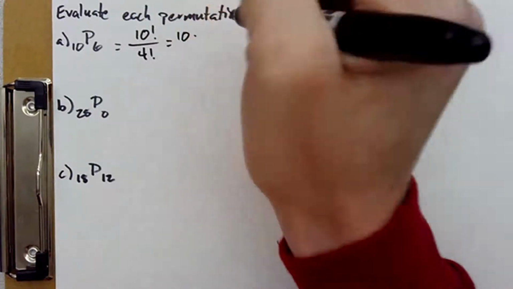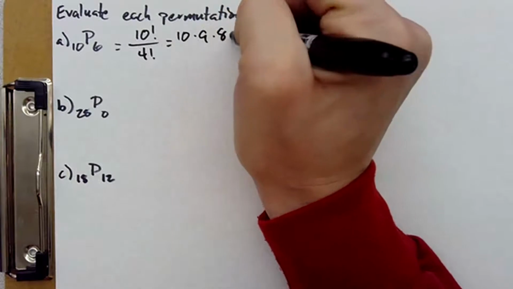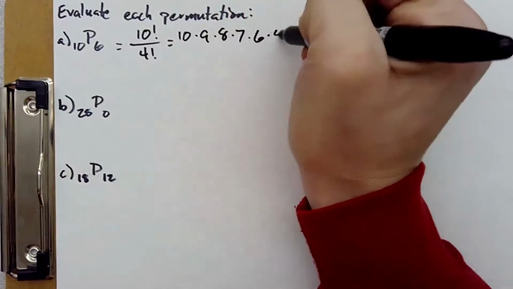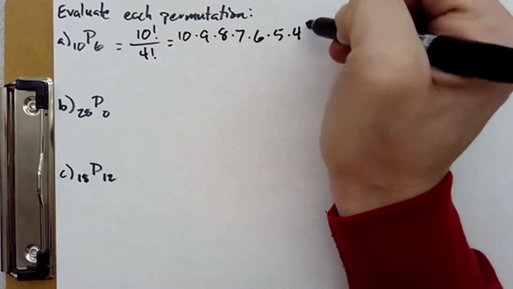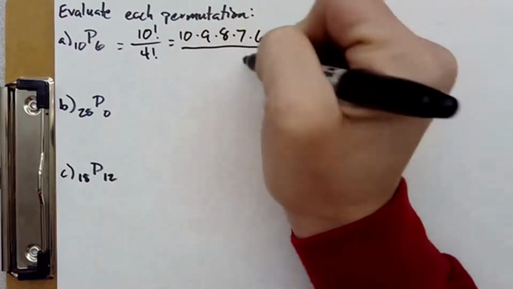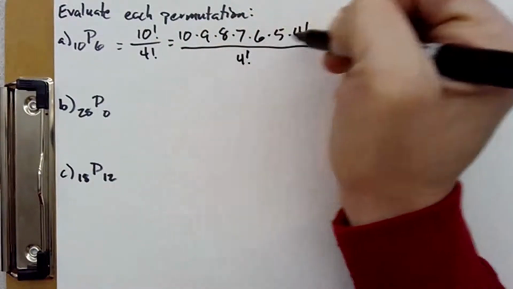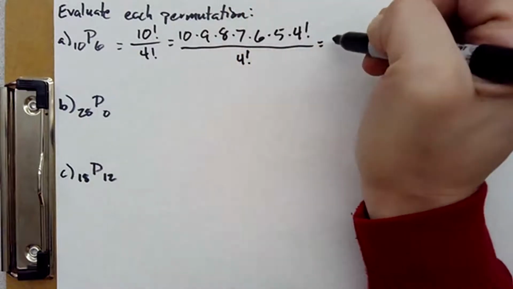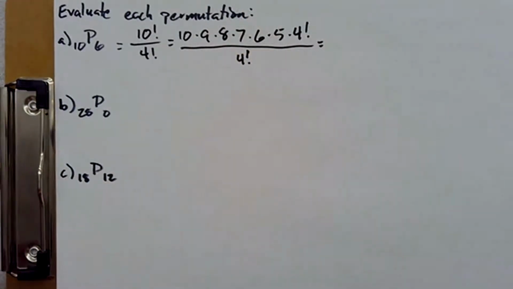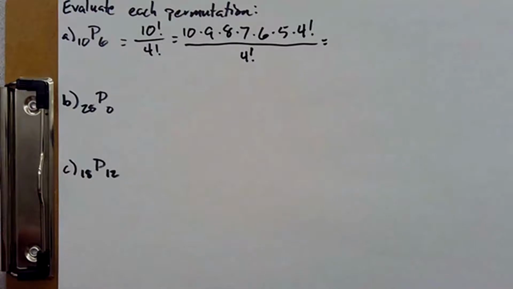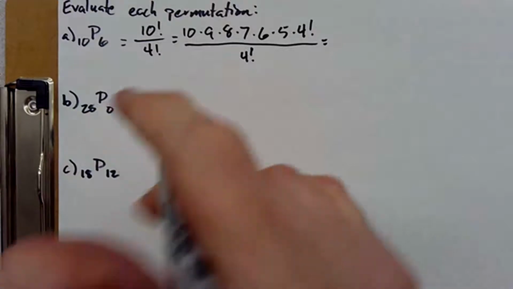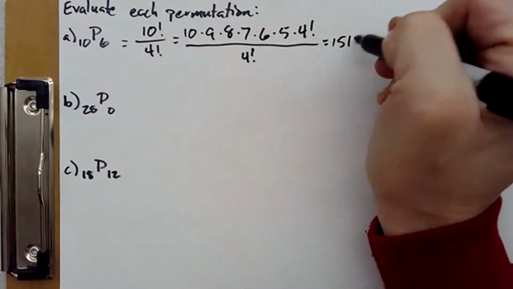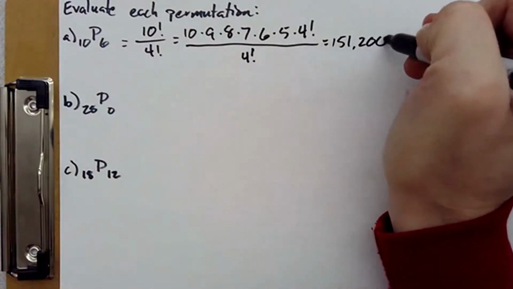That's 10 times 9 times 8 times 7 times 6 times 5 times 4 factorial over 4 factorial leaves us with 10 times 9 times 8 times 7 times 6 times 5. And again, I'll plug that into the calculator. That gives us 151,200.